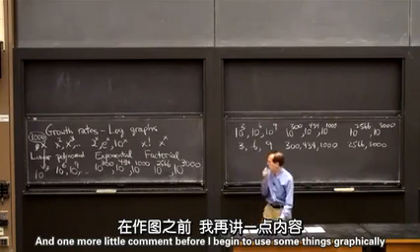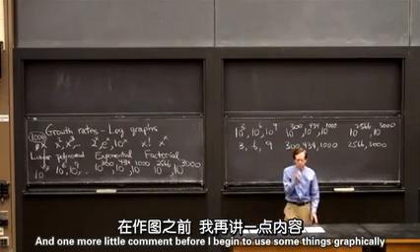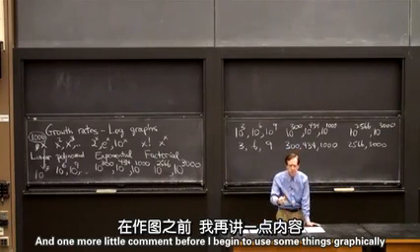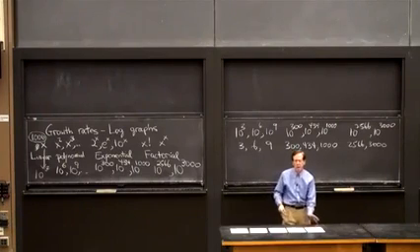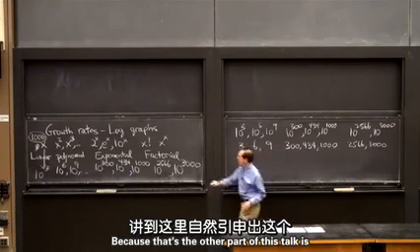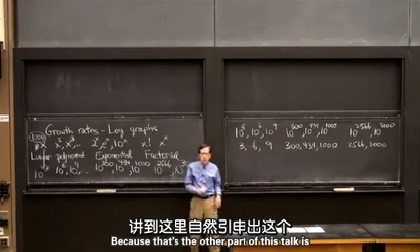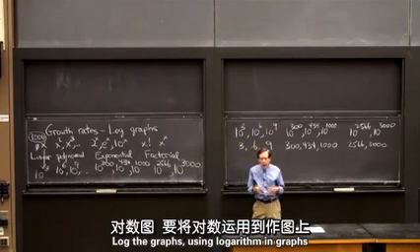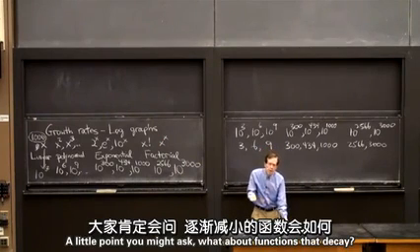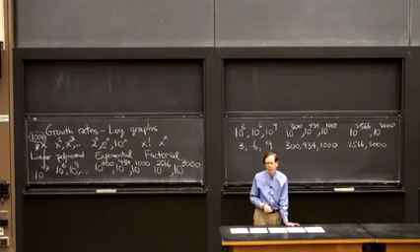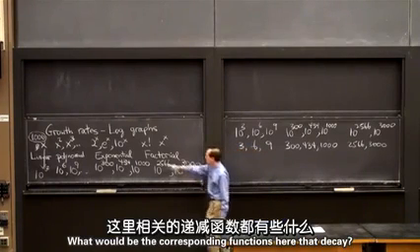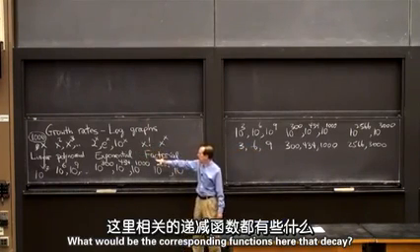Okay, and one more little comment before I begin to use some things graphically, because that's the other part of this talk, using logarithms in graphs. A little point, you might ask, what about functions that decay? What would be the corresponding functions here that decay?